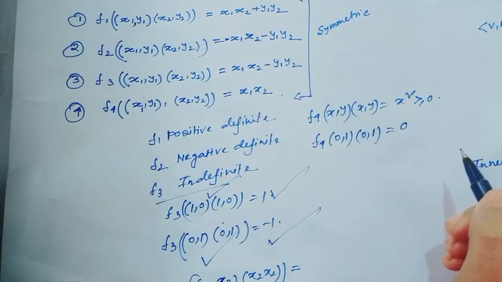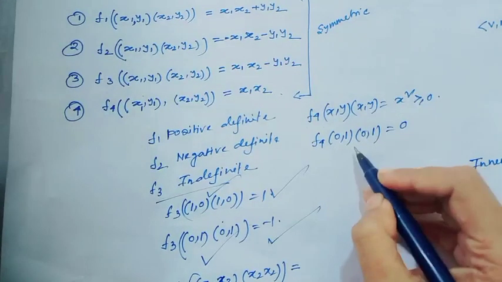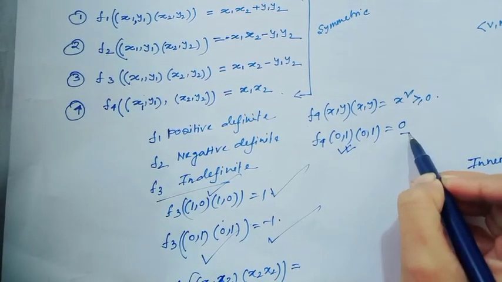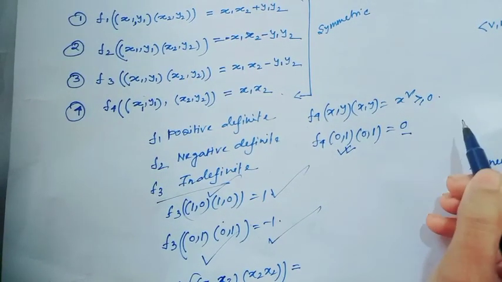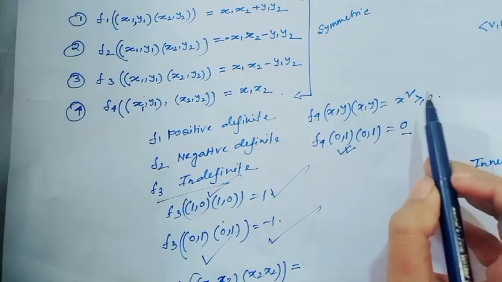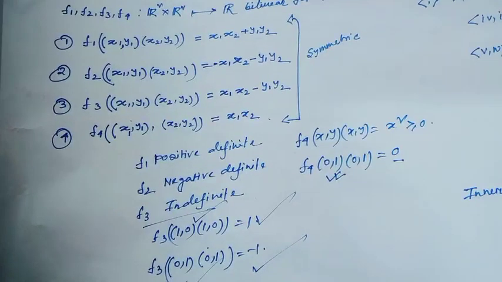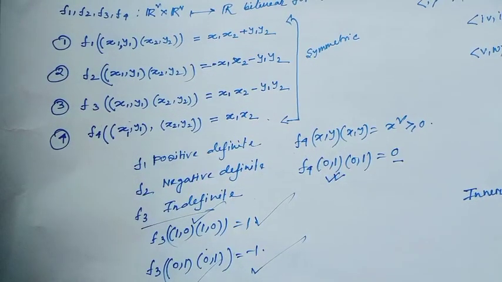That means I have one non-zero vector for which the value is 0. So this is not positive definite, not negative definite, not indefinite. I hope all my viewers have understood this concept easily. Okay?